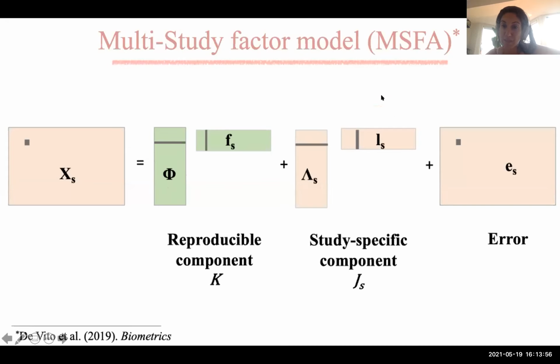We have a study-specific component that has an S subscript, lambda S. So we will have for each study one study-specific factor loadings. And finally, we have our error term.